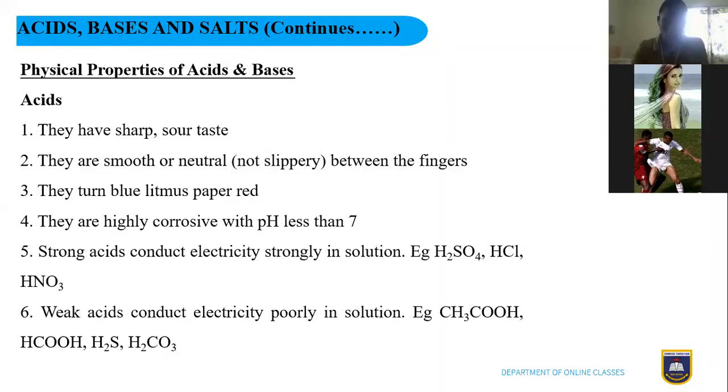So the point I'm making is that if you dissolve HNO3 in water and you connect a circuit to it, to a bulb, you can put two conducting wires into the solution and connect to a battery, and then connect to a bulb, so that current passes through the HNO3 solution.